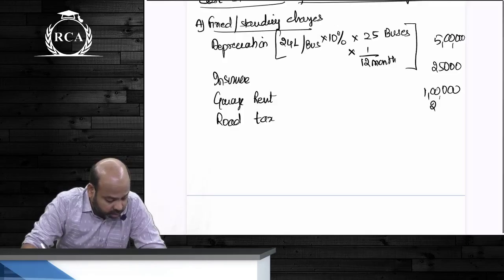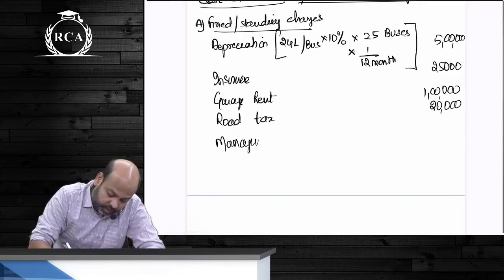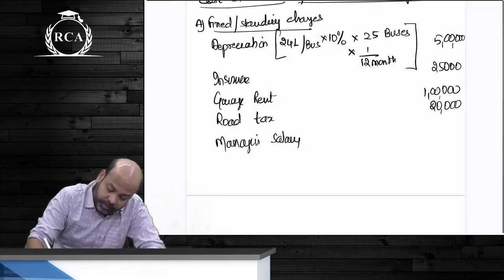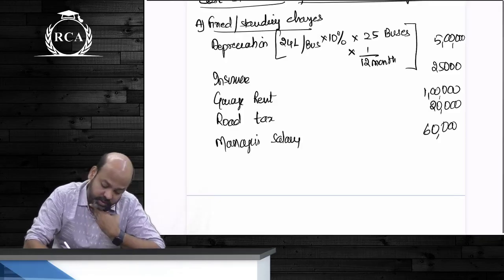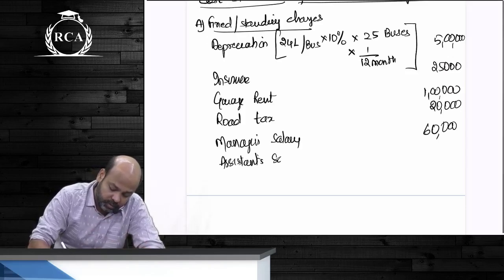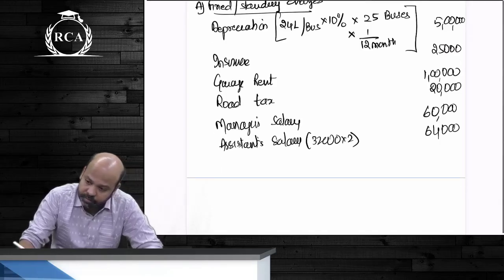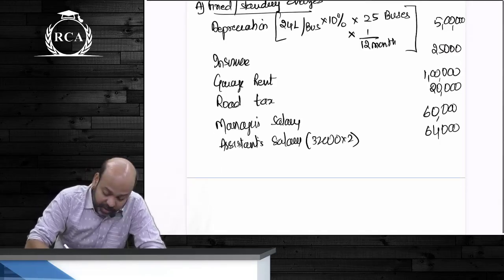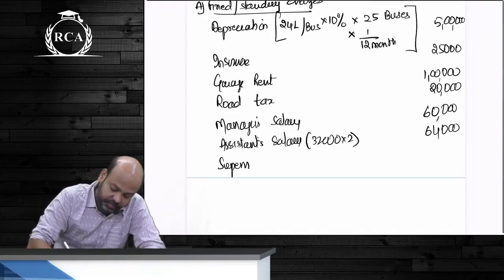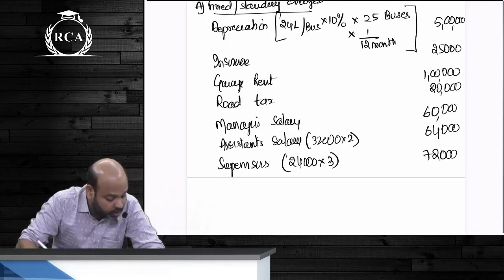Road tax how much? 20,000. Manager's salary is 60,000. Assistants, beta, 32,000 multiplied by 2, 64,000, correct. Supervisors, beta, 24,000 multiplied by 3, 72,000.